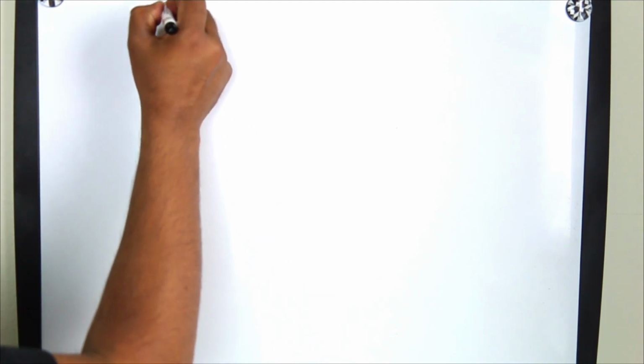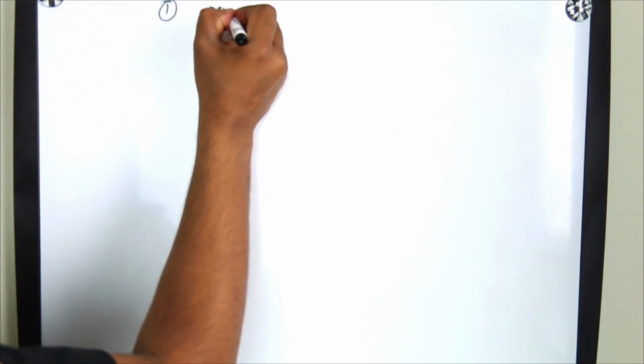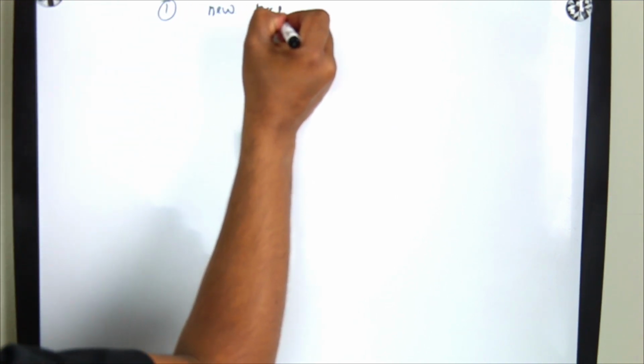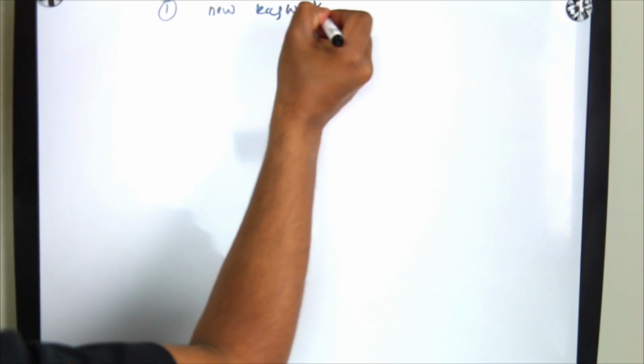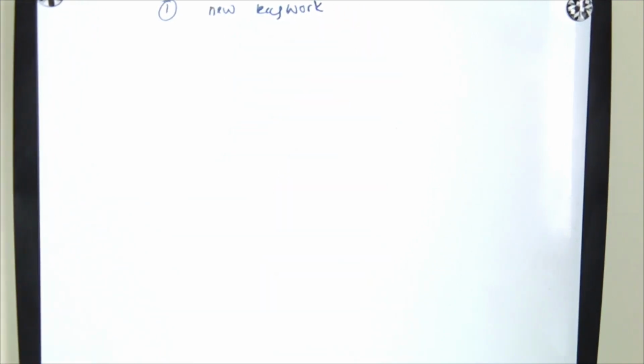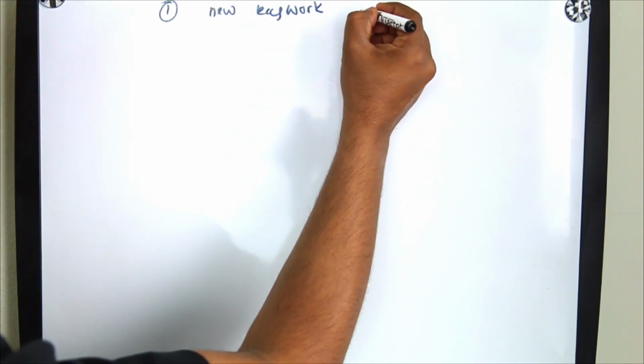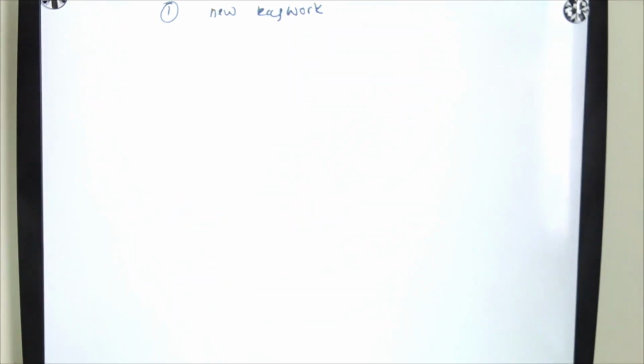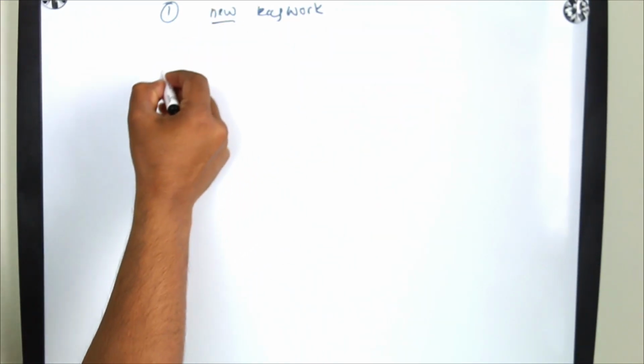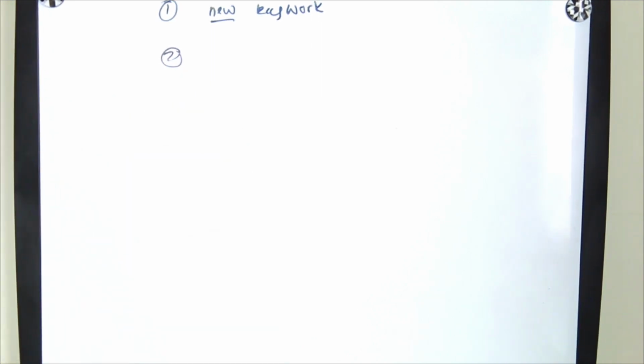So what is the active use of a class? For example, if you use the new keyword, this is considered active use of a class. For example, Employee e = new Employee. When you use this new keyword, this is considered active use of a class.